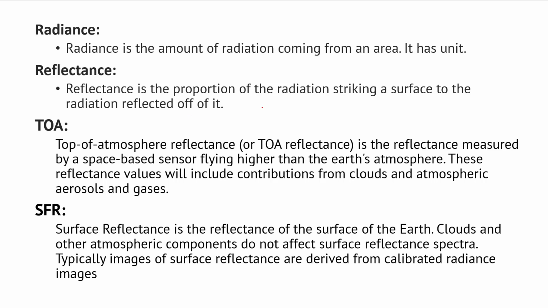So let's say surface striking radiation is X, while radiation reflected back is, let's say, Y. That's the reflectance. The unit is the same here, so when you divide, same unit, no unit.